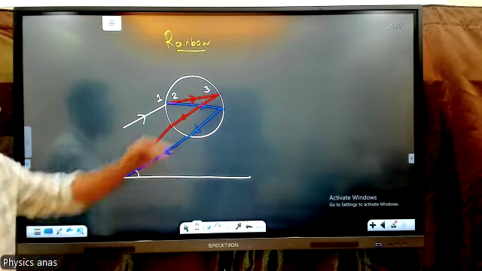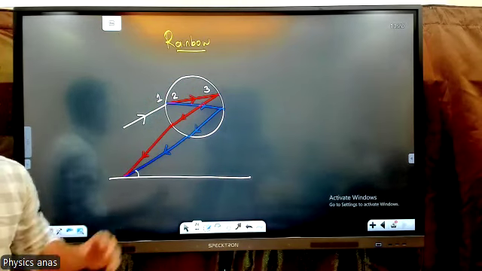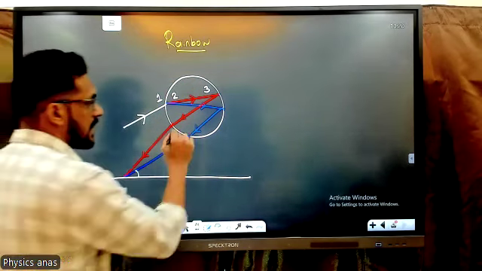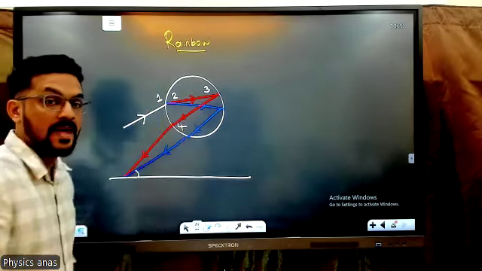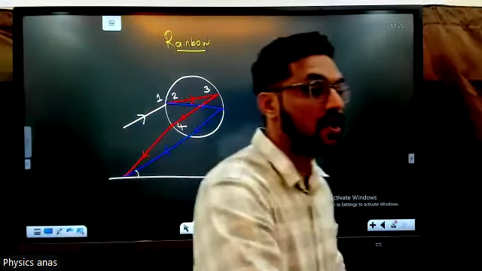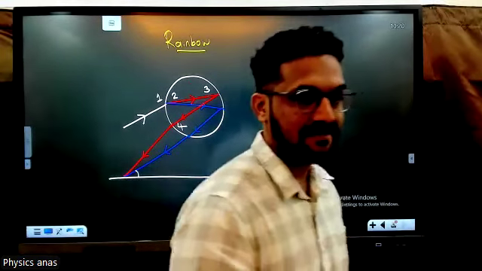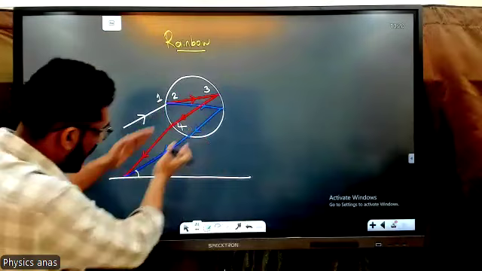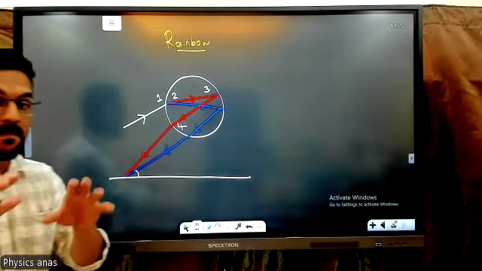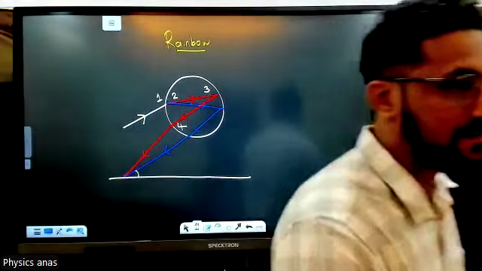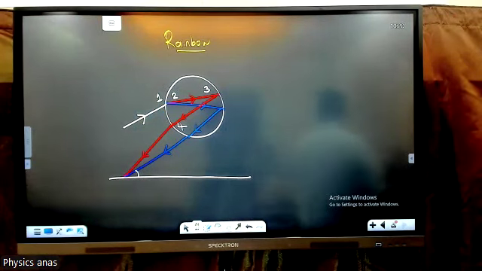And finally, when they are coming out of the raindrop, they are refracted again. So finally, the 7 component colors come out. Each color will have a different angle. That's why we can see them separately.